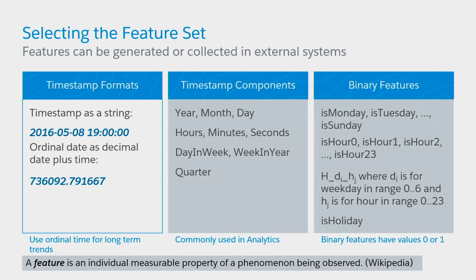They just say true or false, 0 or 1. We call those binary features, and those are very simple fields or attributes that you can collect from a timestamp. You can collect whether that day is a Monday, a Tuesday, a Sunday, for example, or which hour in a day it is. Others are a little more complicated, telling you the hour in a week, so it tells you it is the 7th hour on Monday, and so on.